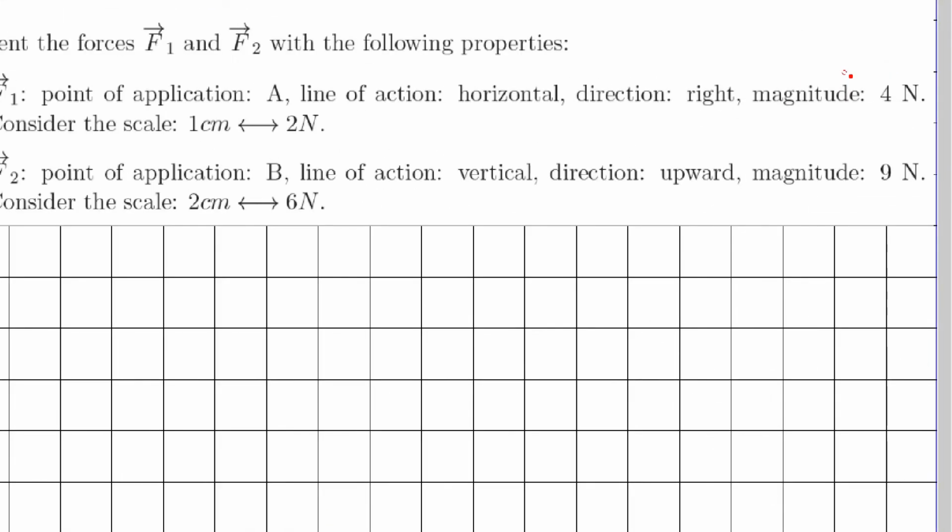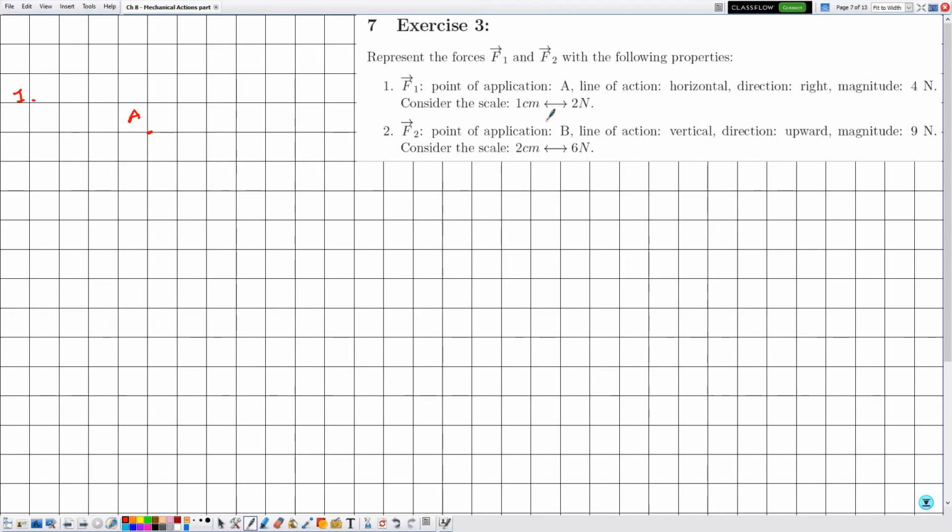But they are telling me that the magnitude is 4 newtons and we need to consider the following scale. So now, in order to represent the vector, we are interested in determining its length. We have the magnitude, so the length can be determined upon the following scale.